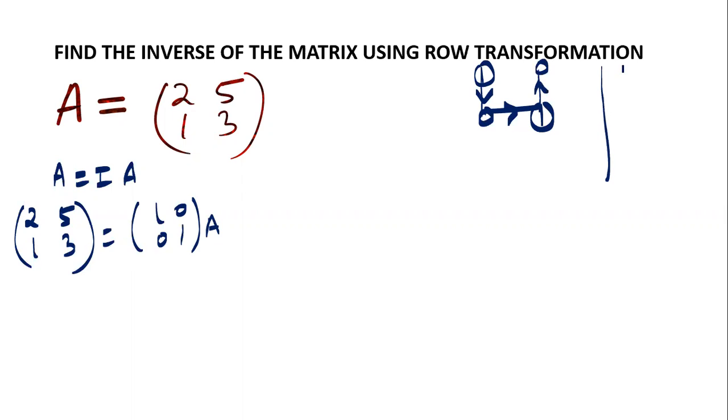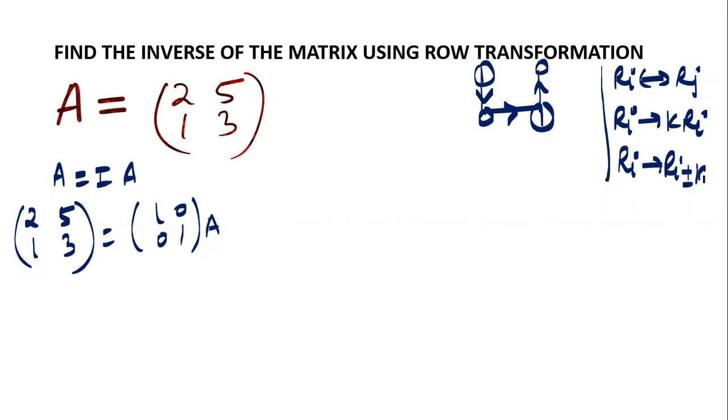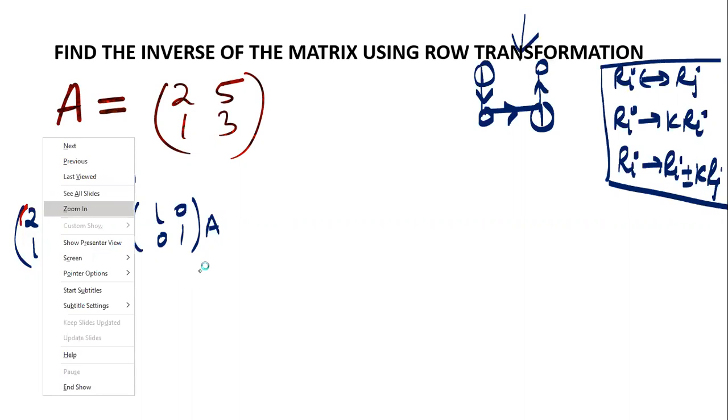And we know the transformations: Ri and Rj can be interchanged, we can write Ri arrow K Ri, and Ri plus or minus K Rj. These are the transformations and this is the pattern we will follow. Let's see. So according to the pattern, what am I supposed to do? According to the pattern, first of all, I will make it 1.